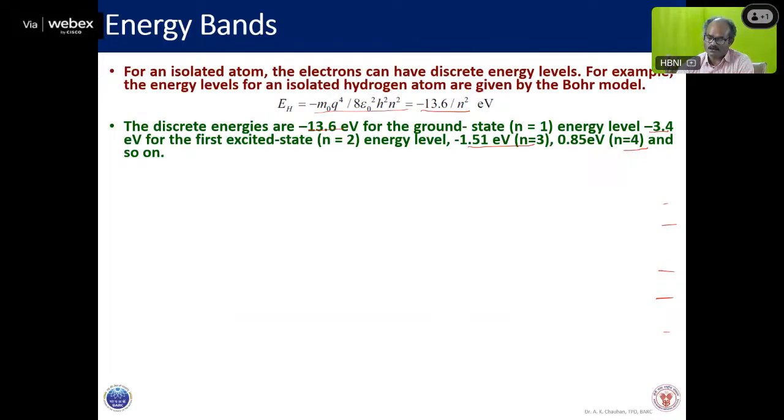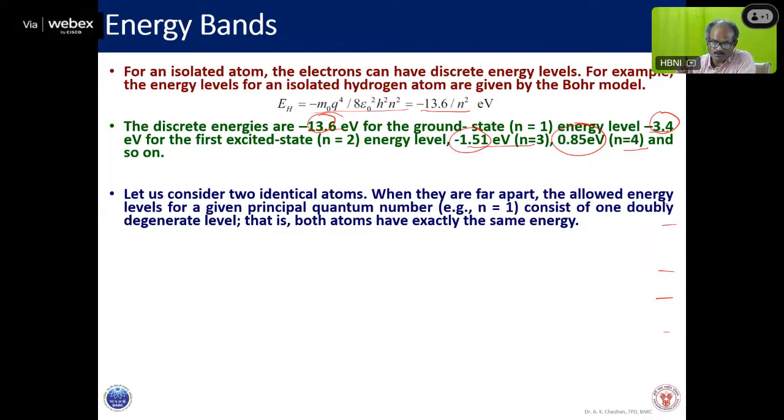It can only acquire either this energy or this energy or this energy, if you give it from outside. If you recall, we studied one such experiment during our BSc days, when there was a gas, and radiation of varying wavelengths was passed from one side, and we saw that only certain amounts of energies were absorbed. So far I'm talking about only one atom.